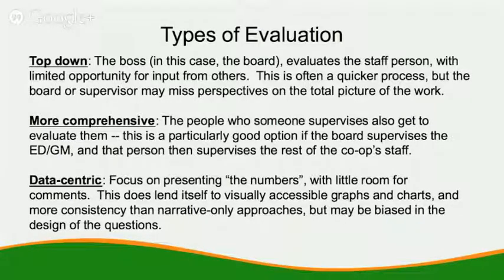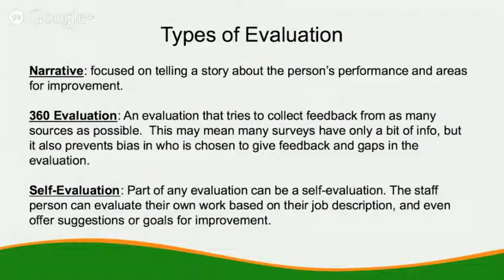It is really helpful because it gives you these clear charts and graphs, and it gives you this really consistent approach. But you may have some accidental bias that creeps in through the design of the questions or the way they're weighted. So that's just something to consider. You may have a more narrative approach that's really focused on telling a story about that person's performance and their relationships and what the areas for improvement are.